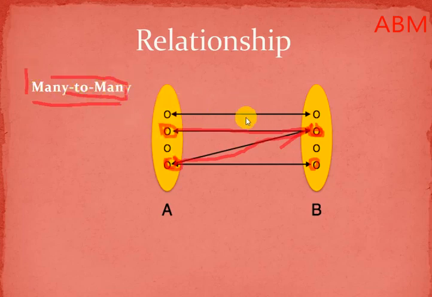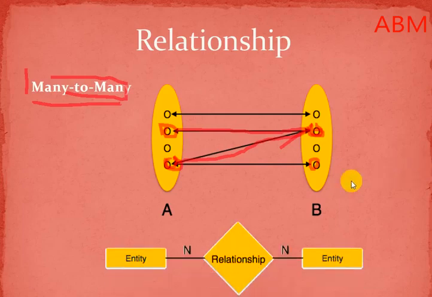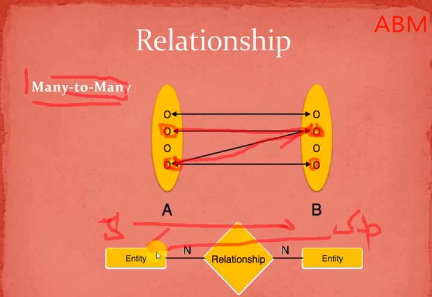Many instances can have a relationship with the second one, and from the second they may have a relationship with the first entity. We can take the example of student and subject. One student may study more than one subject, and one subject is assigned to more than one student.